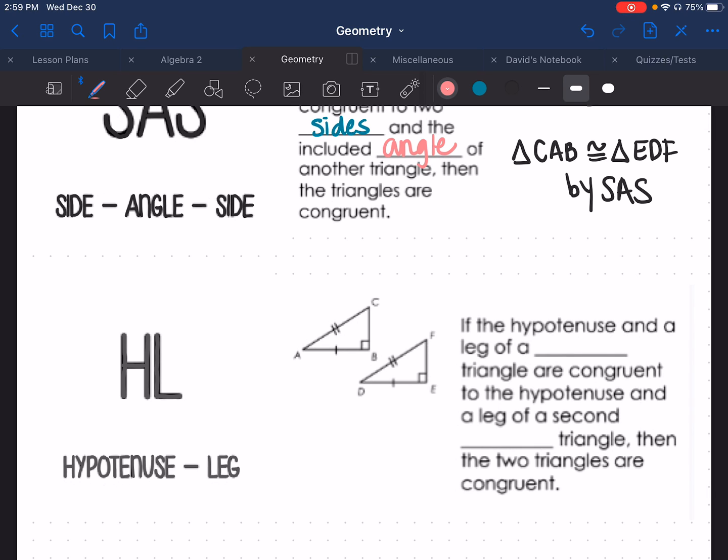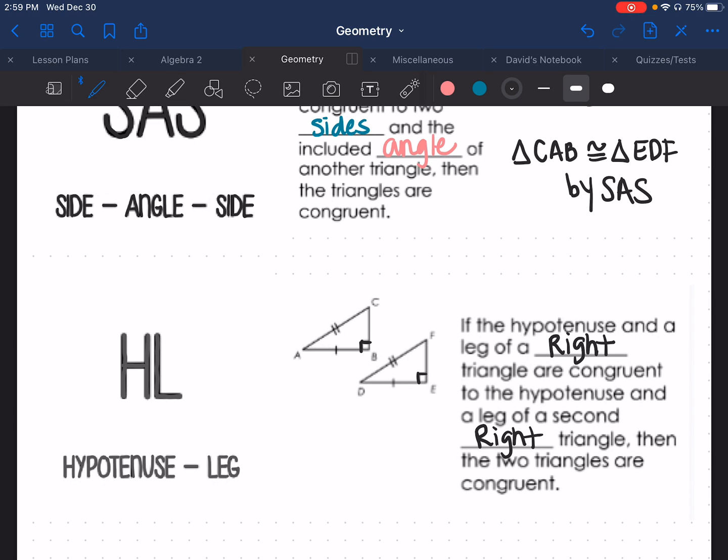So if the hypotenuse and the leg of a right triangle are congruent to the hypotenuse and the leg of a second right triangle, then the 2 triangles are congruent. So for this one, you need a right angle. So these are the 3 things you need, because remember I said the shortcut's always 3 things.